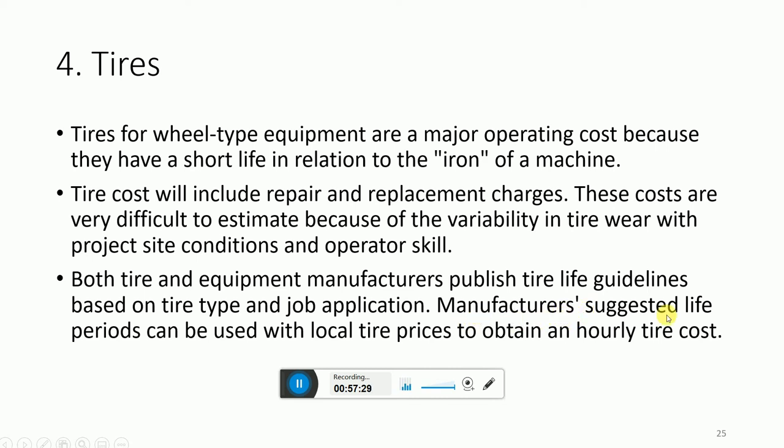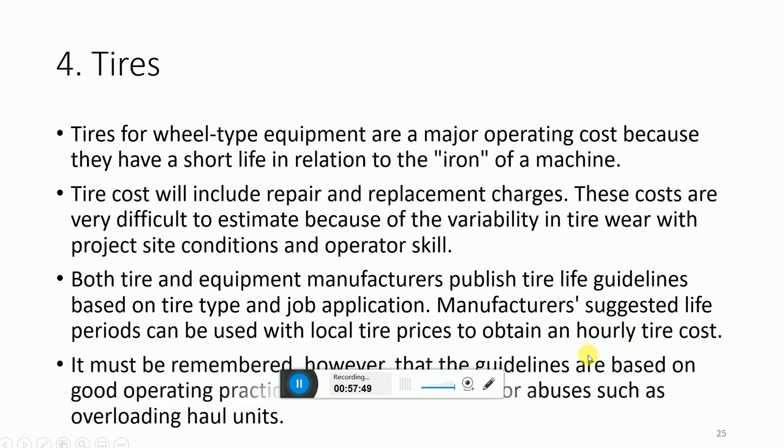The manufacturer's suggested life period can be used with local tire prices to obtain an hourly tire cost.